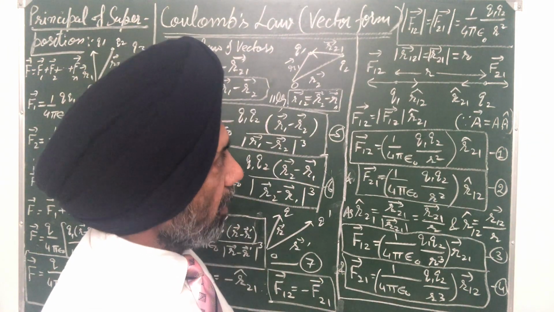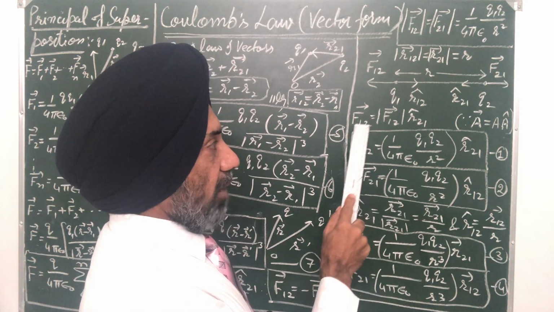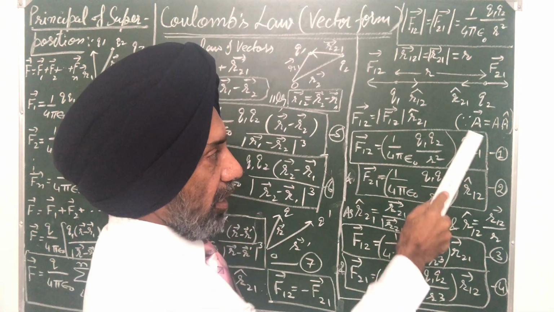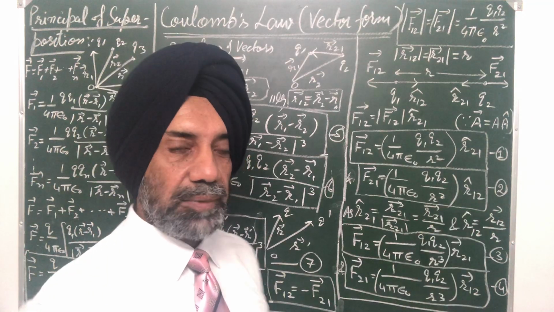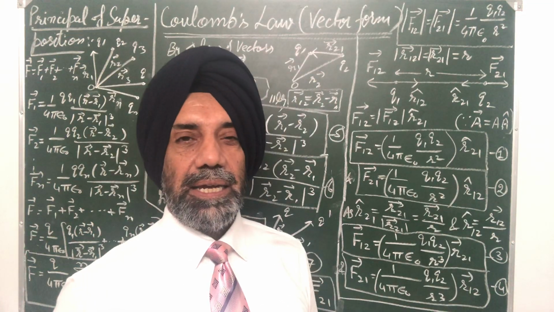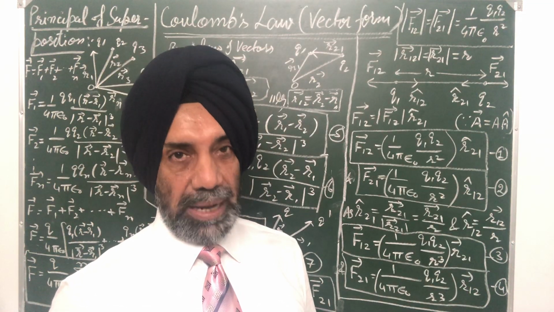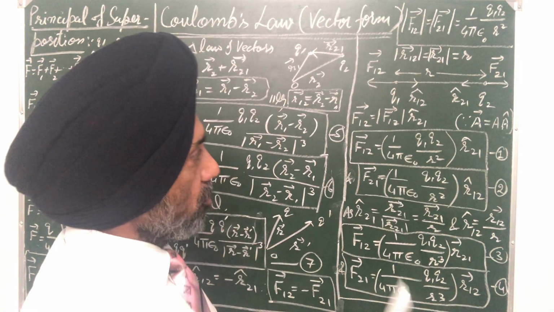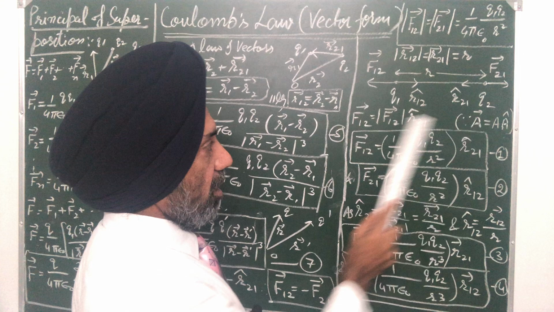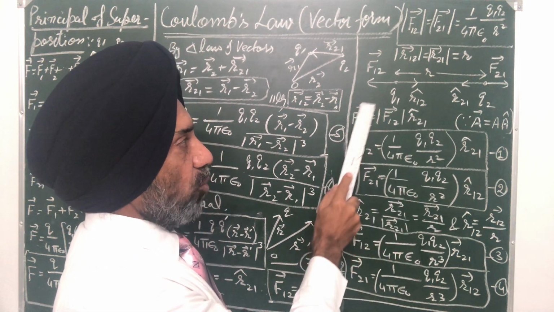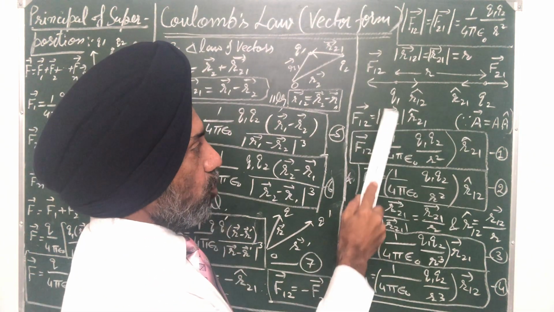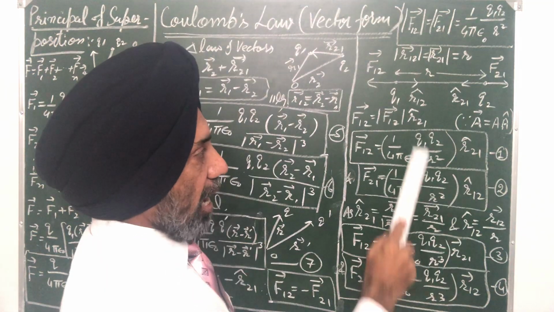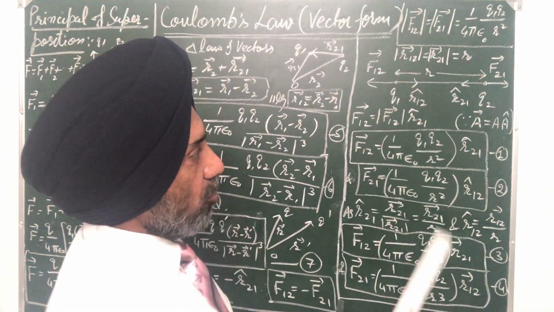So we have shown F12 and F21 in opposite directions, that is outward, that is, the force is repulsive in nature. Now, any vector A by definition is given by A cap, that is, any vector A is given by the product of its magnitude and a unit vector in its direction. Similarly, using this relation, we can write F12 vector is equal to F12 vector magnitude and R21 cap. Why R21 cap?